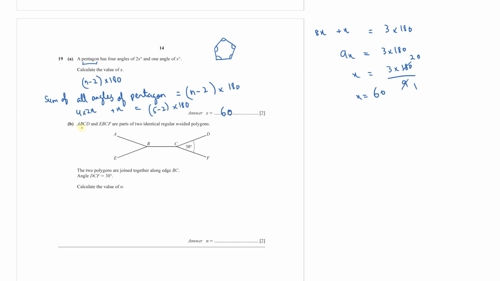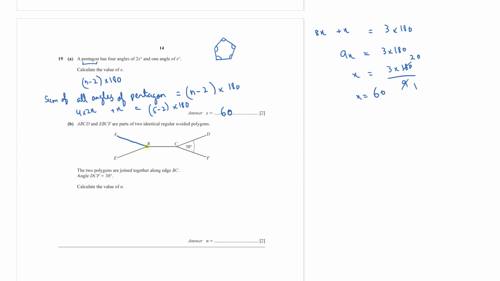So part B is: ABCD and EBCF are parts of two identical regular n-sided polygons. So this here A, B, let me draw this neatly.